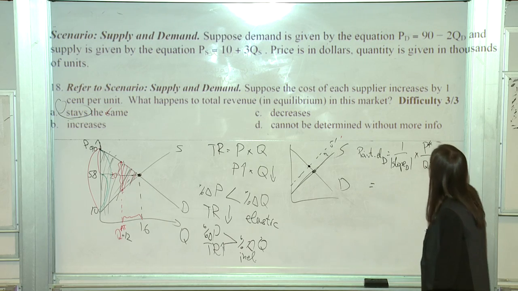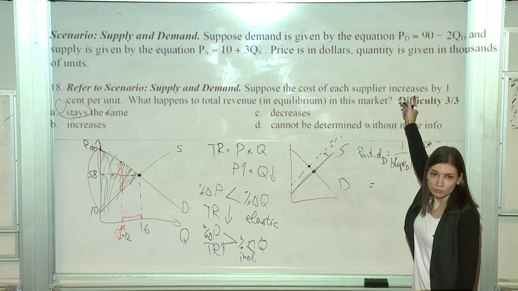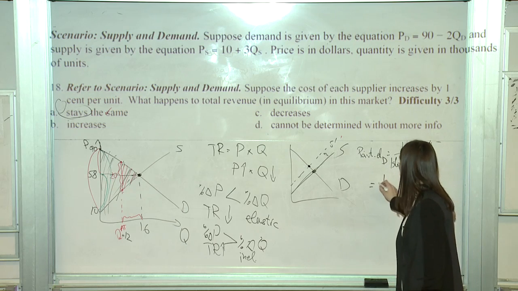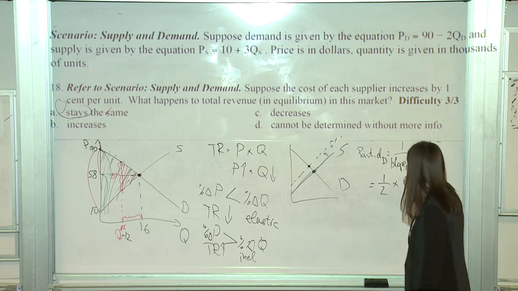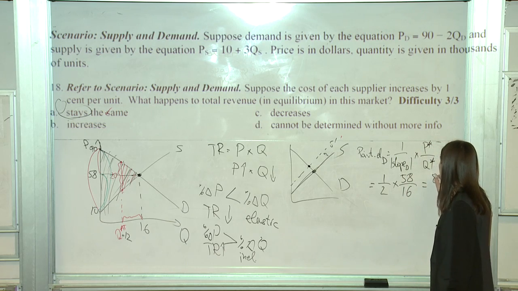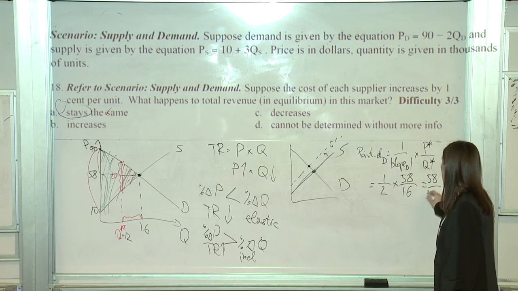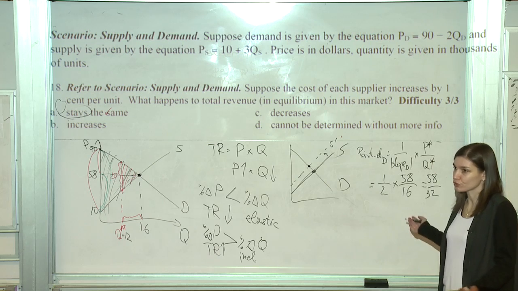What was the slope of the demand curve? -2, right? It's right there. So it's 1 over 2 times, and P was 58 divided by 16. So it's basically 58 over 32. So it's more than 1 for sure, right?